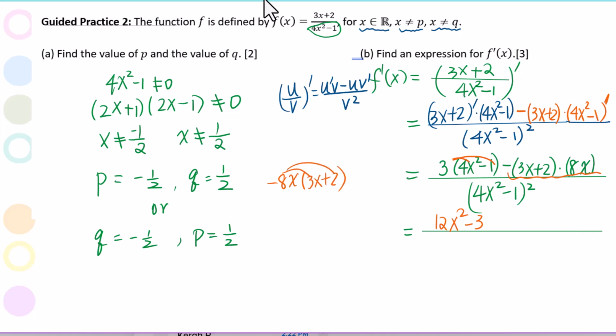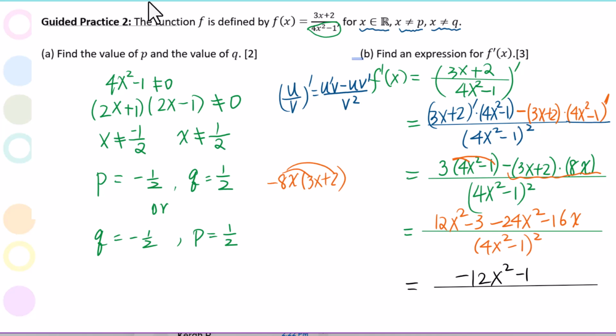Do the distributive property again: minus 24x squared minus 16x, all over 4x squared minus 1 squared, equals, combining like terms, negative 12x squared minus 16x minus 3 over 4x squared minus 1 squared.